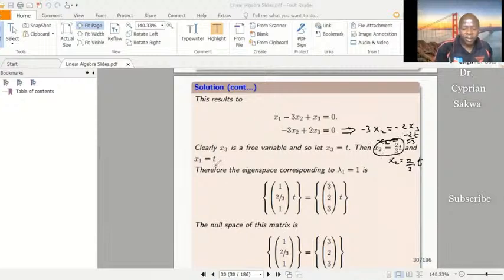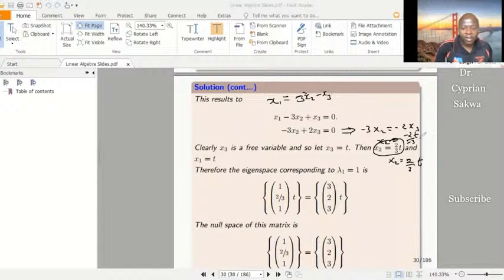And then what about x1? So you just come to this other equation where x1 is supposed to be positive x2 minus x3.